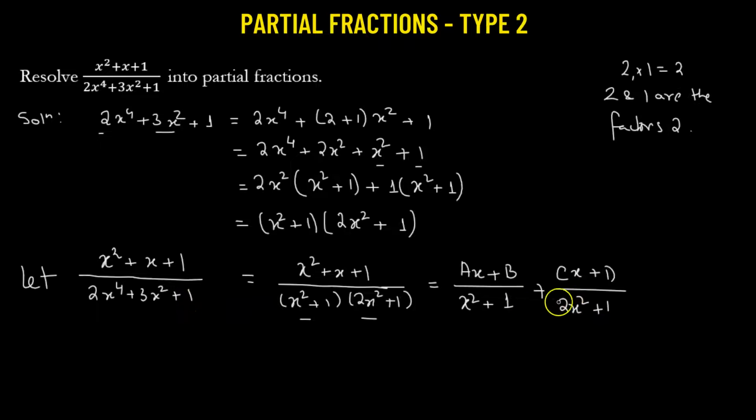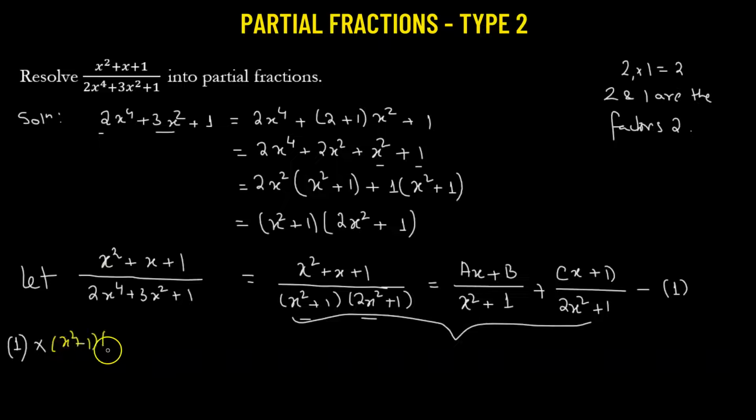So this is how we can resolve a given rational fraction into its constituent partial fractions. Here we have 2 partial fractions, and our goal will be to determine the values of a, b, c, and d. We're going to label this as number 1. In the first step, we'll take equation number 1 and multiply both sides by the denominator, x squared plus 1 times 2x squared plus 1.